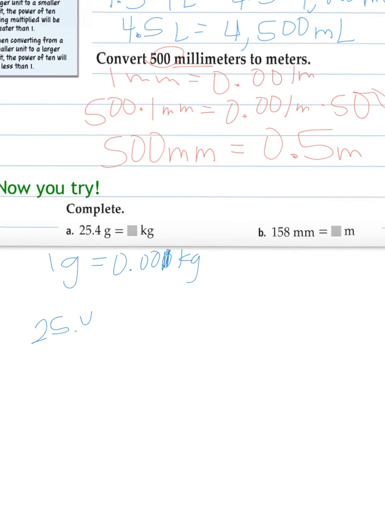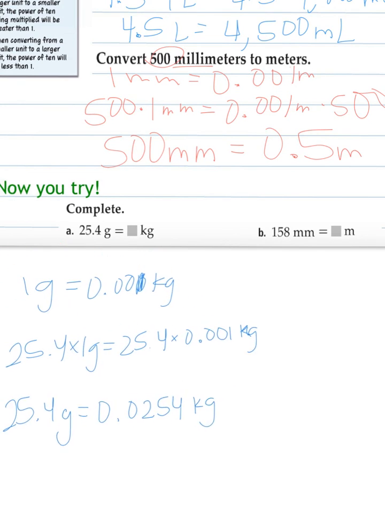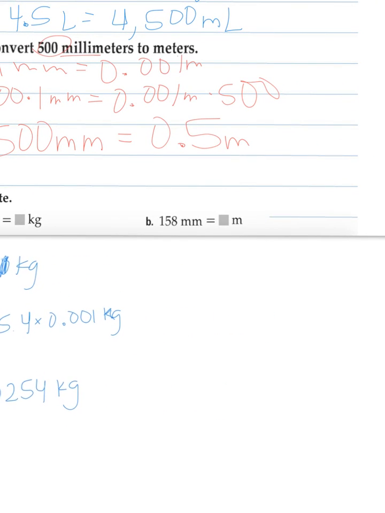So 25.4 times 1 gram equals 25.4 times 0.001 kilogram. So 25 and 4/10 of a gram equals 254 ten thousandths of a kilogram.